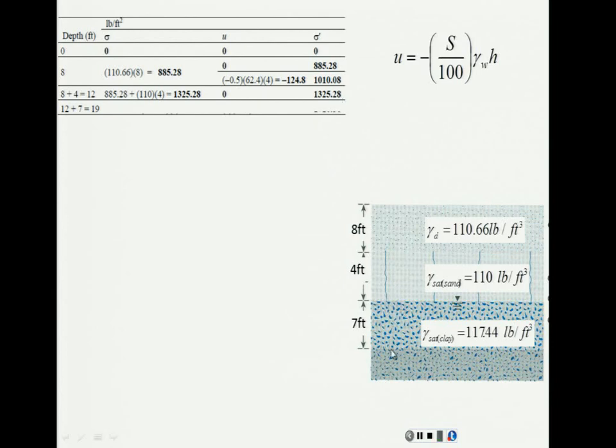Now when I go down, at this point, it's going to be 8 times this 110, plus this 4 times this 110, plus this 7 times this 117.44, and you get this value. And the pore water pressure at this point is going to be 7 times gamma of the water, since this is submerged completely, and you subtract this minus this, and you get your value there.